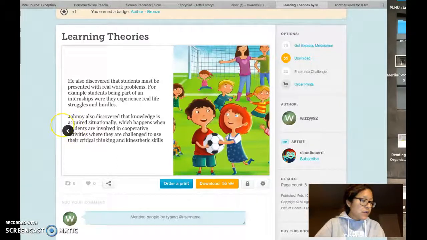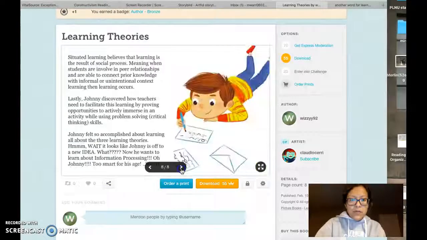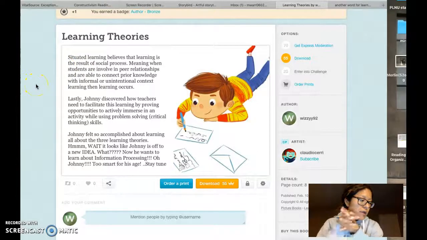And then we have knowledge is acquired situationally, which happens when students are involved in cooperative activities where they are challenged to use their critical thinking and kinesthetic skills. Then we go to the next one, which is social process.